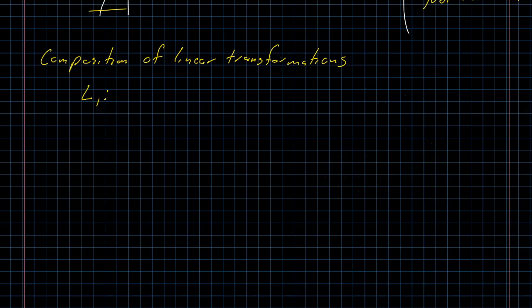Let's take one linear function, I'll call it L1, which is going to go from Rn to Rm. And let's take another linear transformation, let's call it L2, which is going to go from Rm to Rp.